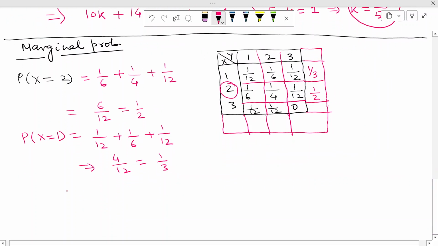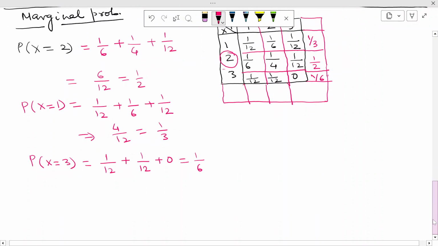Lastly, we have the probability for the last value of x, which is 3. Again we have three probabilities corresponding to this, which are 1 by 12, 1 by 12 plus 0. When you add this, it comes out 1 by 6. So this is how we can obtain the marginal probability corresponding to x.